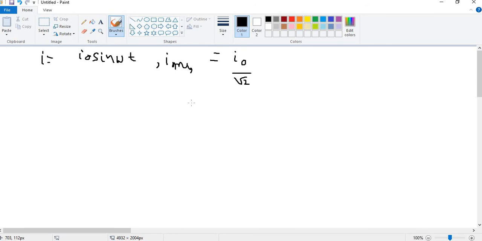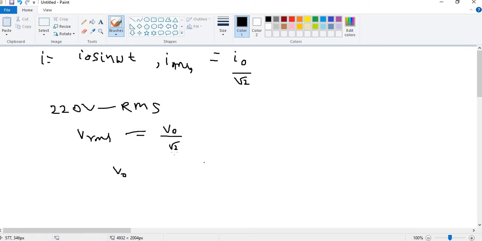So now as we have seen, 220 volt is coming in our home, correct? So we have seen in the starting, 220 volt is nothing but the RMS value, correct? Now we want to see how much voltage is coming in our home. So what is the formula for VRMS? VRMS is nothing but V naught by root 2. So we are going to find V naught here. So V naught from here is what?